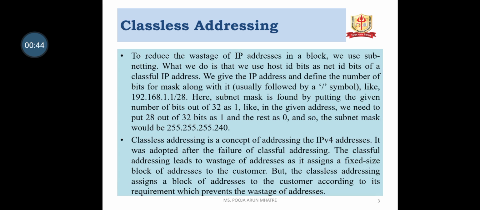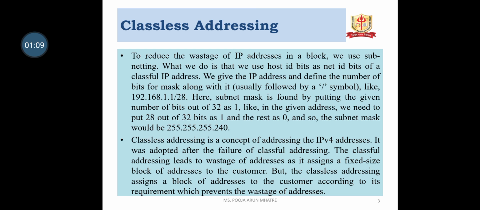Classless addressing. To reduce the wastage of the IP address in a block, we use subnetting. What we do is we use the host ID bits as net ID bits of a classful IP address. We give an IP address and define the number of bits for a mask along with it, like 192.168.1.1/28.